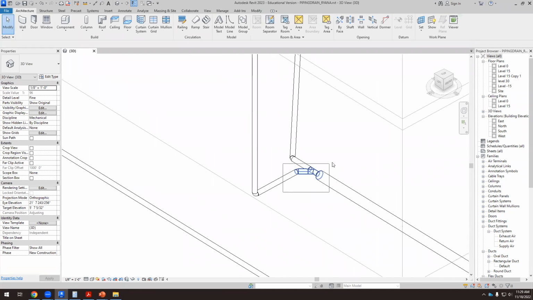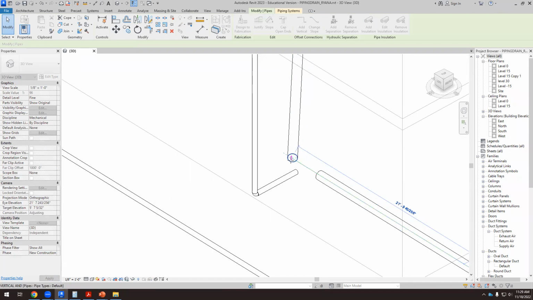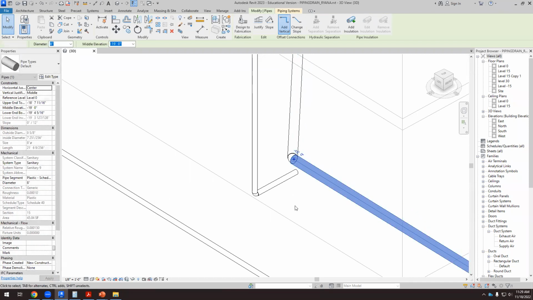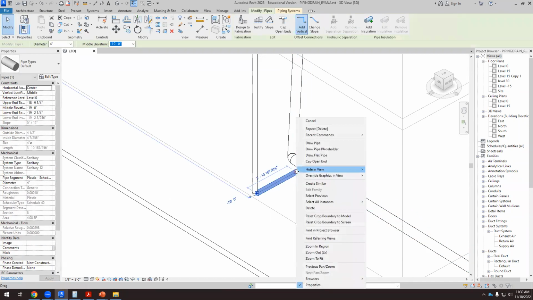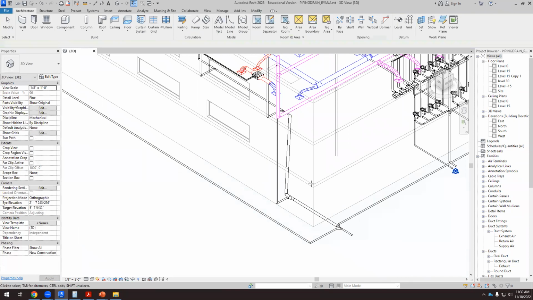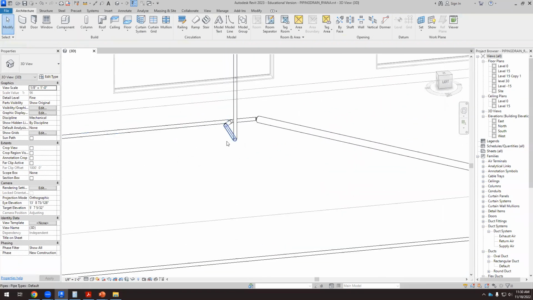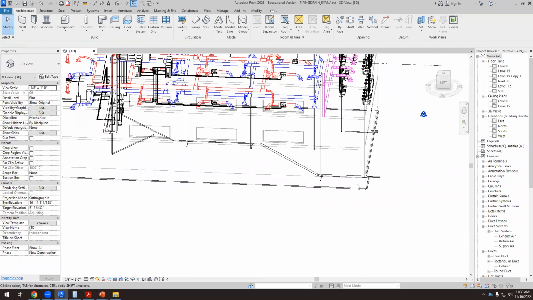So I would make all these 8, and then that connection. Make sure that the main branch is always 8, and then this connection can be 4.